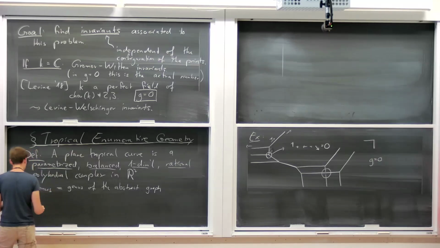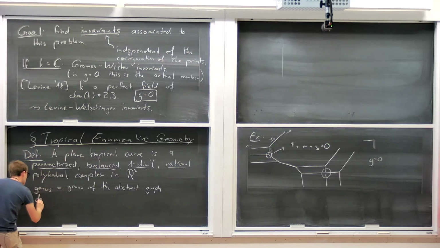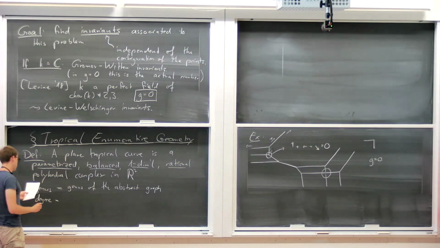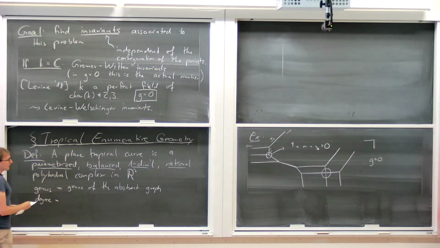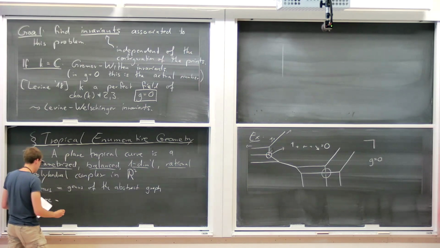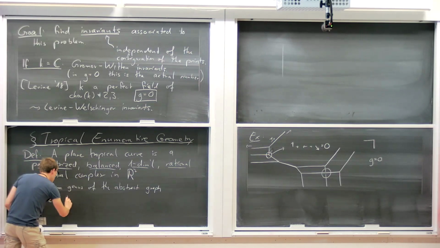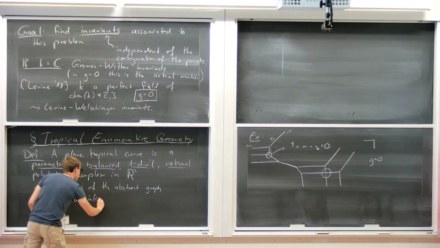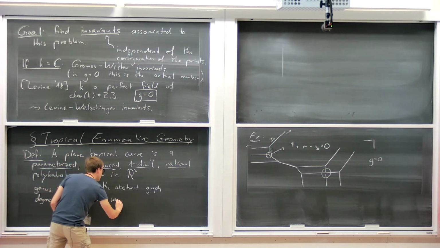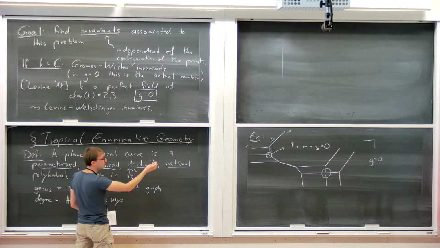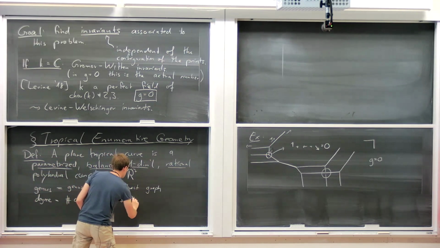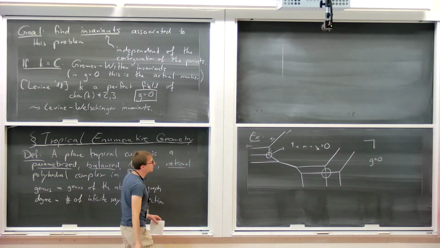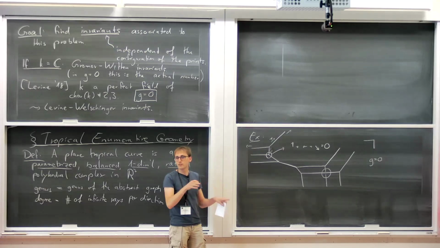The second thing is degree, which is in a very, very rough way saying the number of infinite rays per direction. So you can see that there are 3 directions in which I have infinite rays going off.